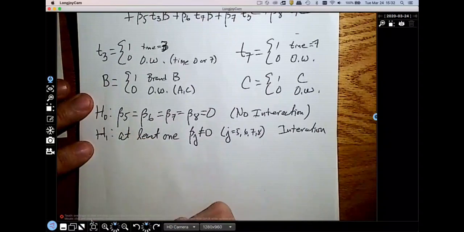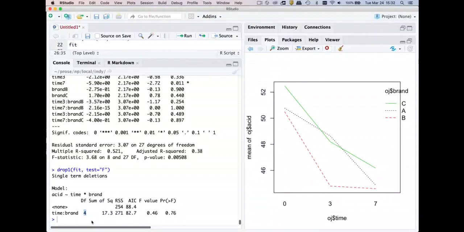All right. Let's just talk a little bit about what these numbers mean. When I fit the reduced model, where I've constrained all 4 of my parameters to be 0, the objective function increases by 17.3. All right, I could go off and compute the F statistic.